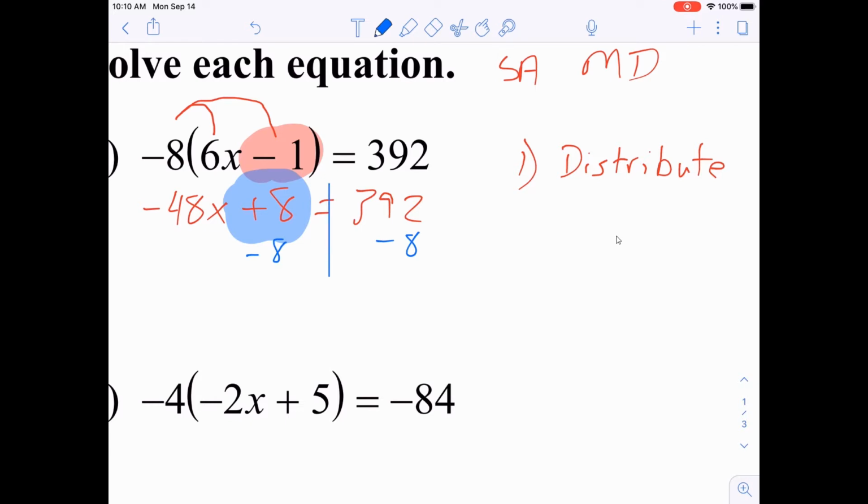So negative 48 comes down, x comes down, the 8's cancel, equal sign drops down, 392 minus 8 is 384. You can absolutely use Desmos.